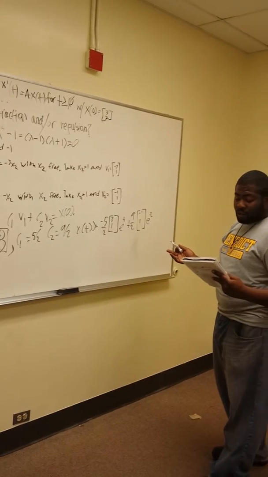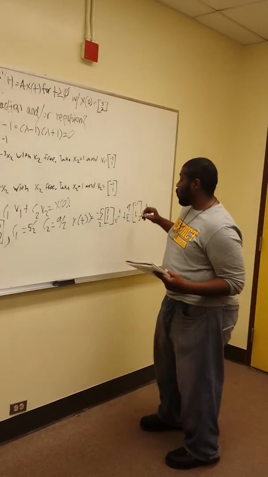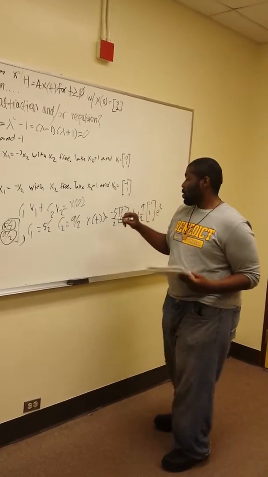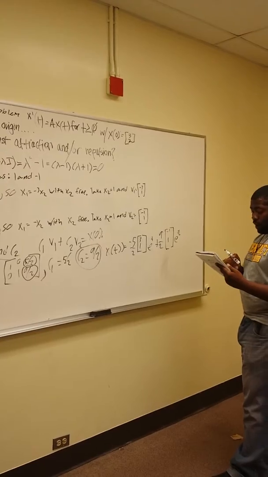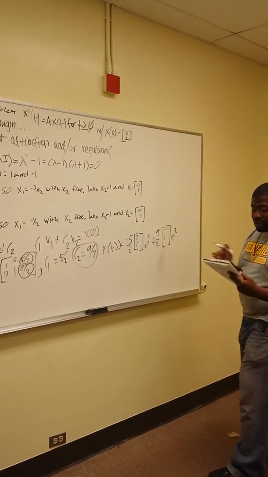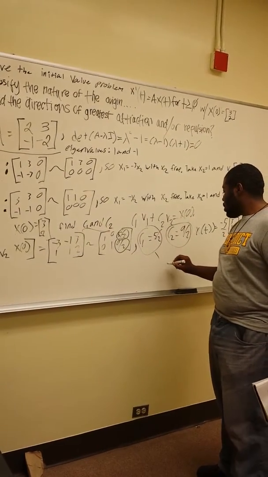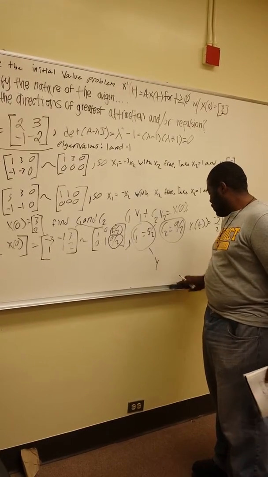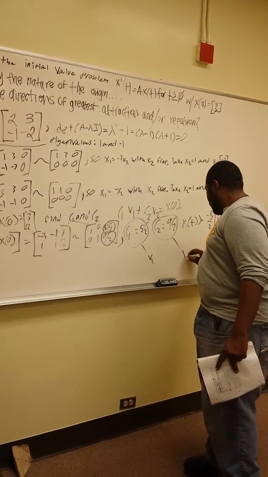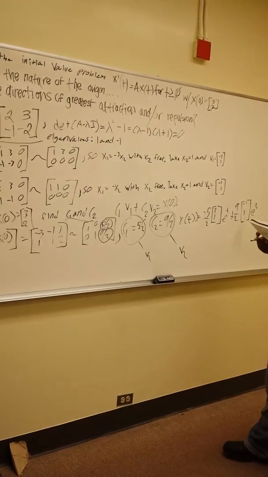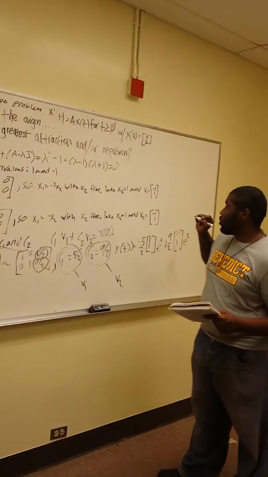The direction of the greatest attraction is the line through v2, and the direction of the greatest repulsion would be v1.